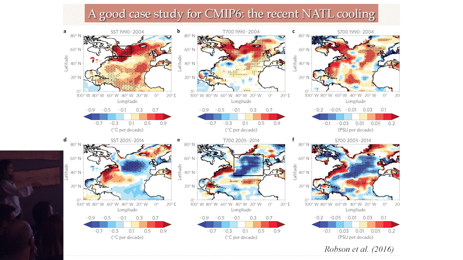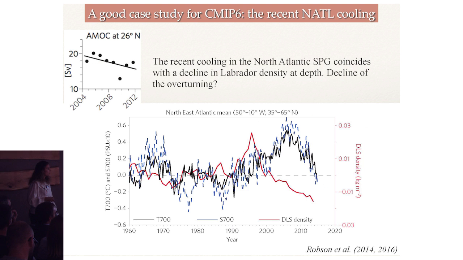This is from the Hadley Center reanalysis, showing the anomaly of sea surface temperature, upper 100 meter temperature, and salinity over 700 meter, before 2004 and after 2005. It shows this North Atlantic eastern cooling, and that propagates at depth. So this is a strong signal, and this is the type of signal we want to look for in the decadal prediction system to see if we are able to predict it and for what reason.